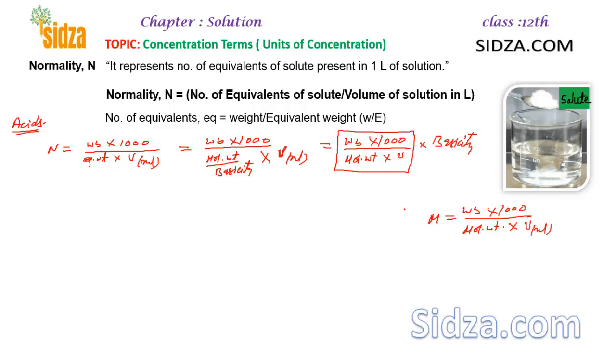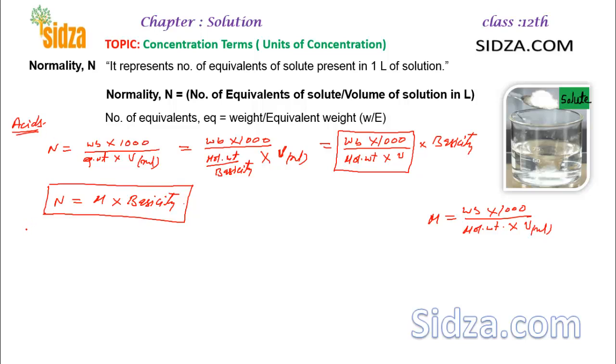So I can say the normality of a solution will be equal to molarity times the basicity. So this is the equation that I need: normality is molarity times basicity for acids.